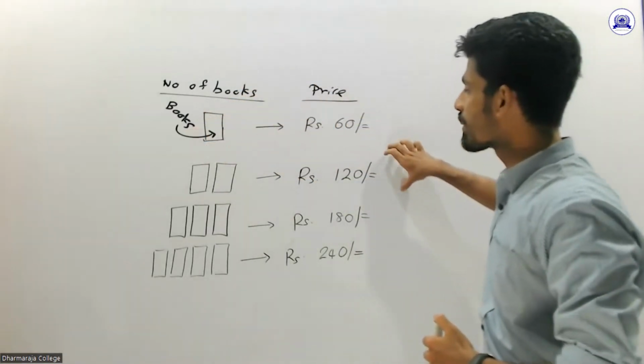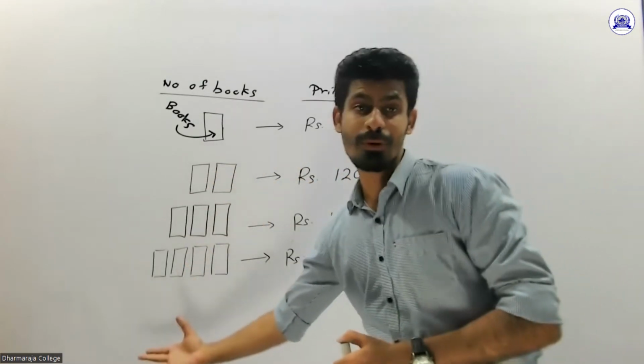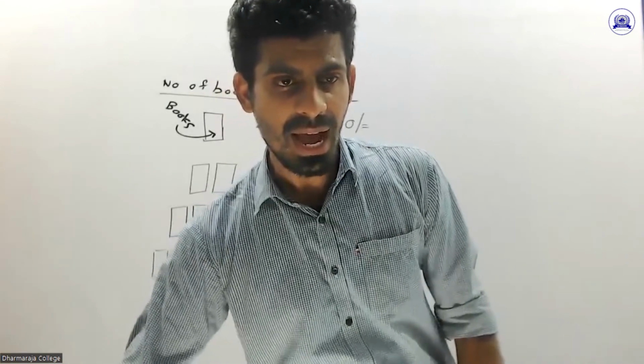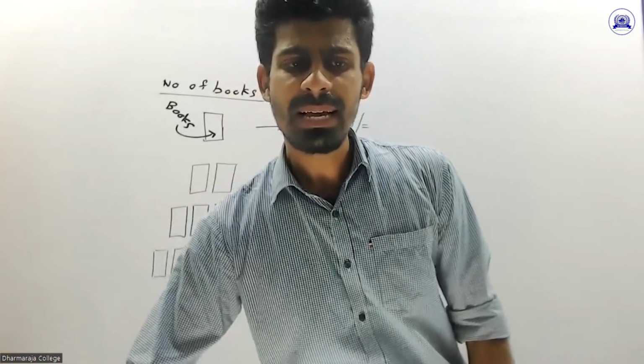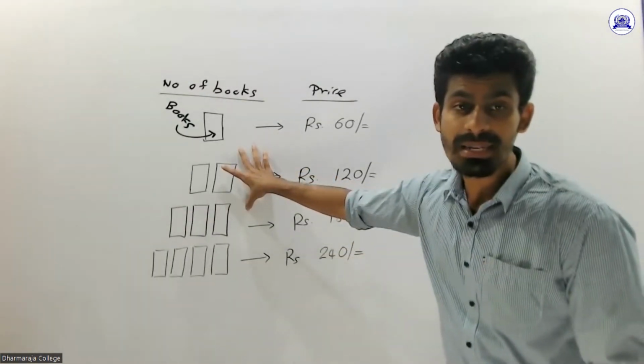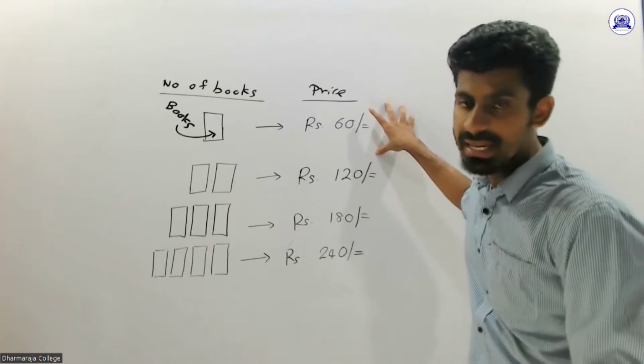Two books, 120 rupees. Three books, 180 rupees. Four books, 240 rupees. It is clear from the table that the price increases as the number of books increases.